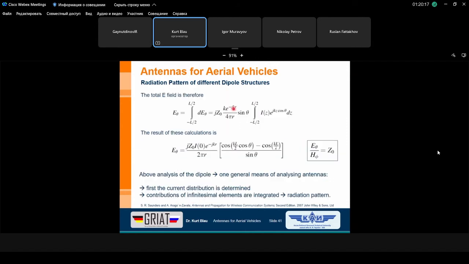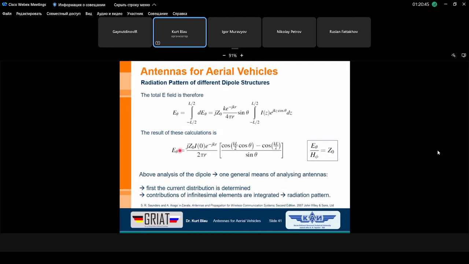Yeah, and now the total E field can be written in this way. Again, we know this part of the formula, but what is new is this part. This part considers the current distribution along our dipole. And now the result of these calculations is shown here.